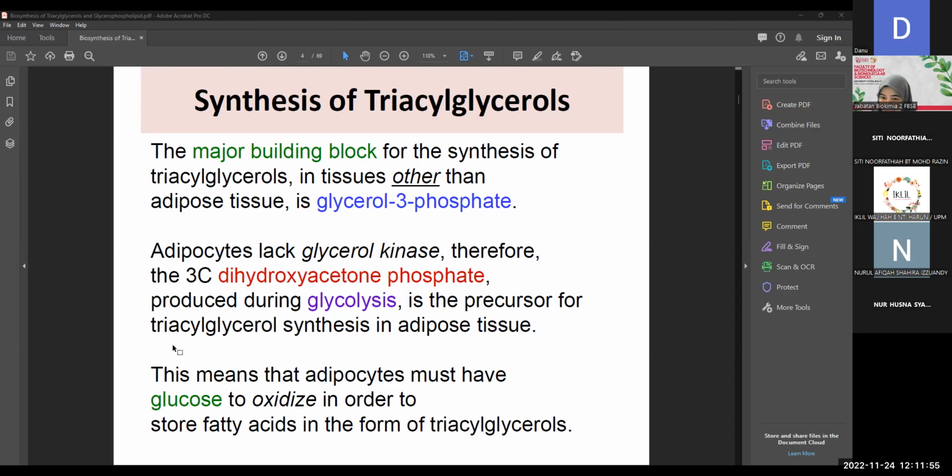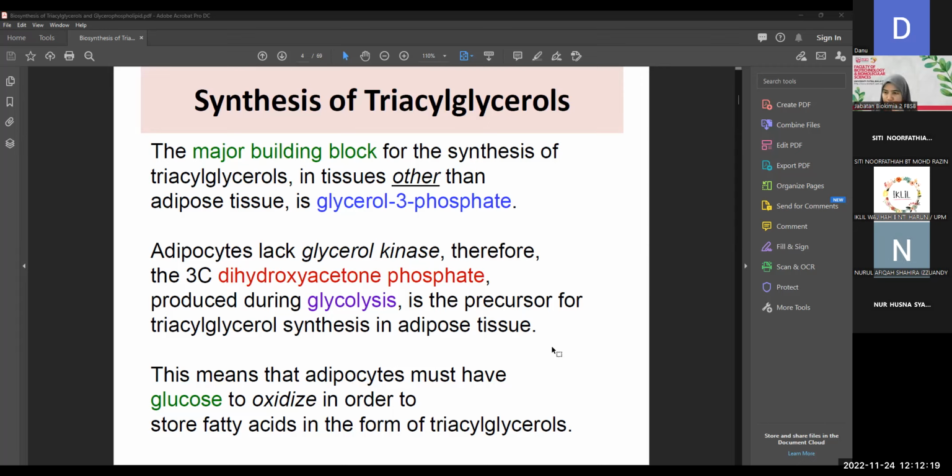Why? Because adipocytes, adipose tissue, lack the enzyme glycerol kinase. So in adipose tissue, it uses dihydroxyacetone phosphate, which is produced during glycolysis, as a precursor for the triacylglycerol synthesis.